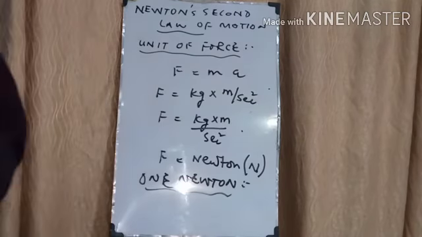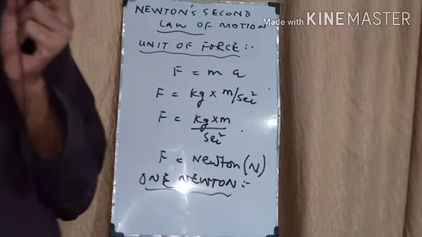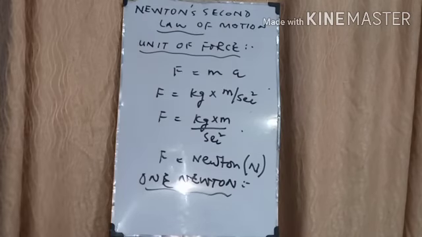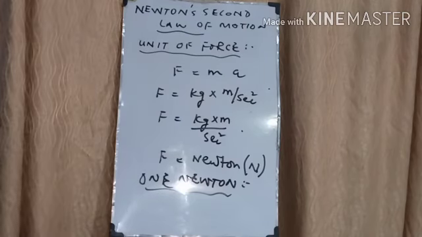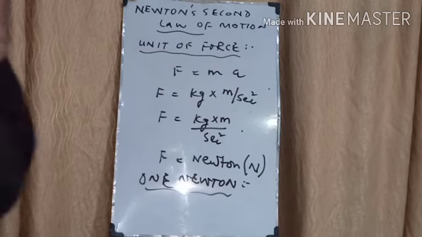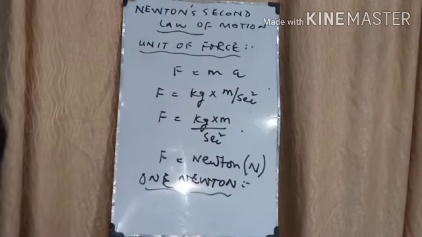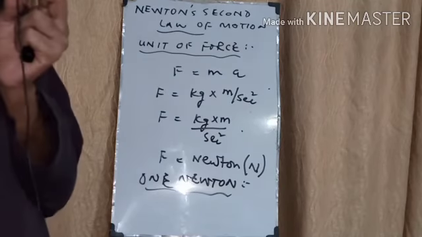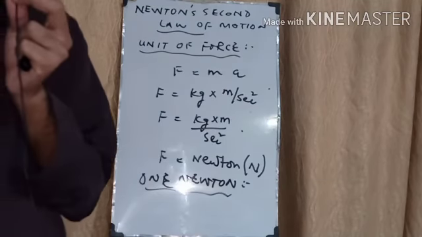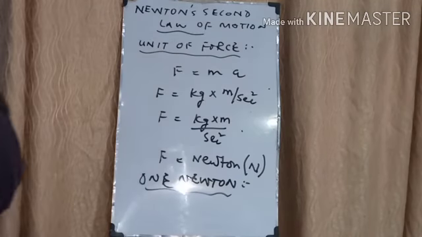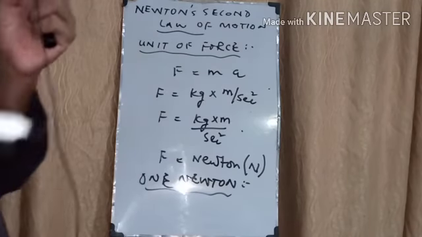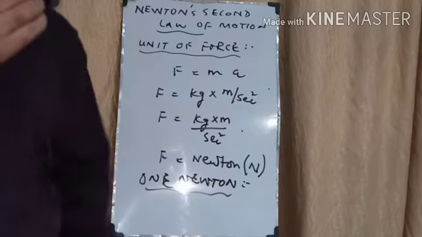Again I repeat: when we apply a force on an object, it produces acceleration in the direction of the force, which is directly proportional to it, and this acceleration is inversely proportional to the mass of the body, which I solved mathematically on the board, which you can watch in the video.